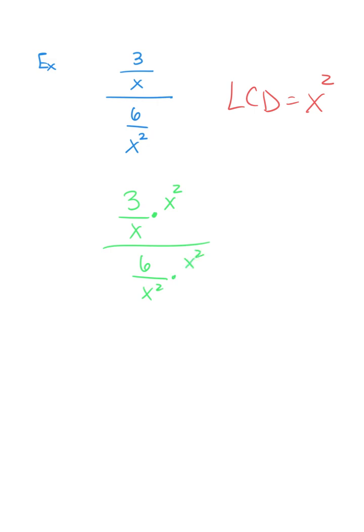And when I do so, I end up with 3x over 6. And I can reduce 3x over 6 because they have a 3 in common. So I get x over 2. But I have to take into account the original: X cannot be 0.